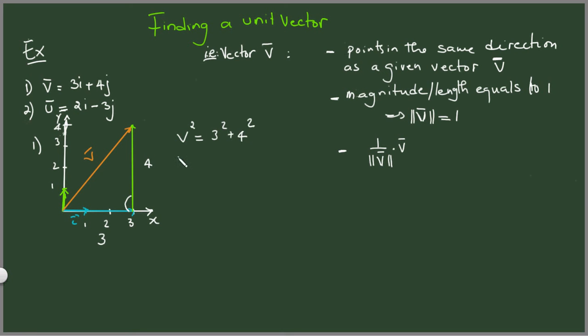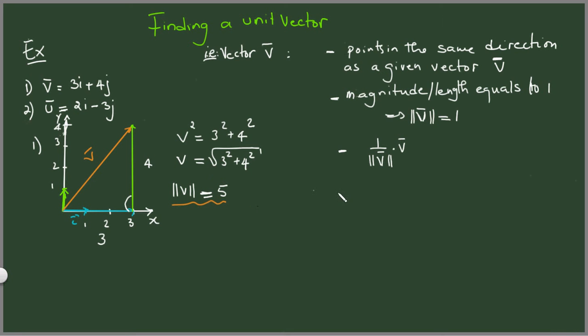So you can square root it, which gives v equals the square root of 3 squared plus 4 squared. That's what we're doing by finding the magnitude, or the length, of the vector. Because this gives us 9 plus 16, 25, the length is 5. This is the length of our vector v.